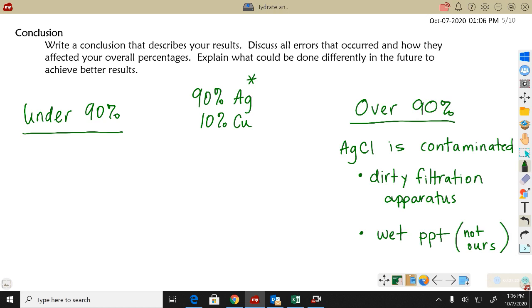Now, if we would have been under 90%, then we would have lost silver chloride during filtration. And so maybe that would have meant that we didn't wash out the beaker well enough.